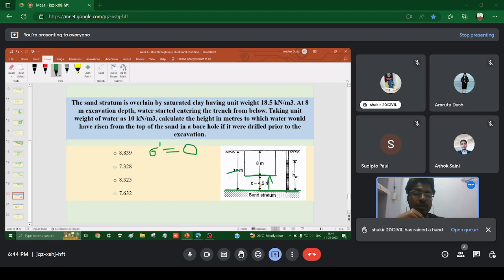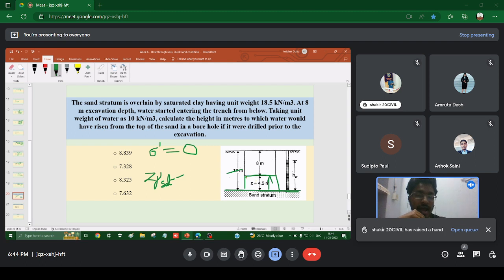So if this clay layer in this portion is 4.5 meter thick, the total pressure will be Z gamma sat minus the pressure of water.